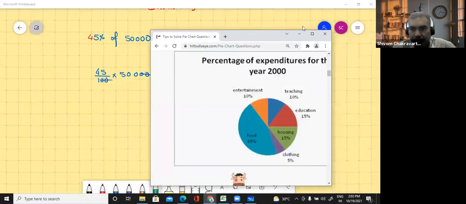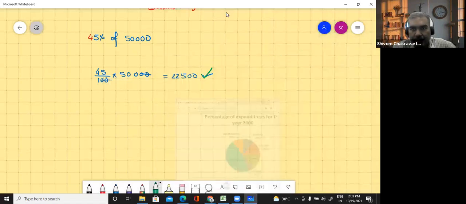Try one more pie chart problem, or you want to try a histogram problem.